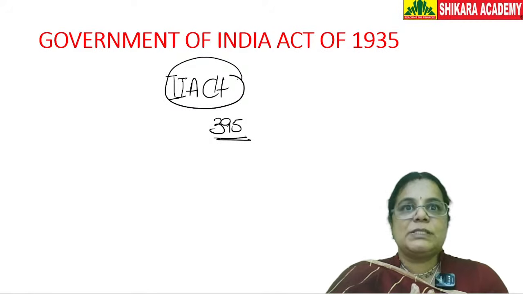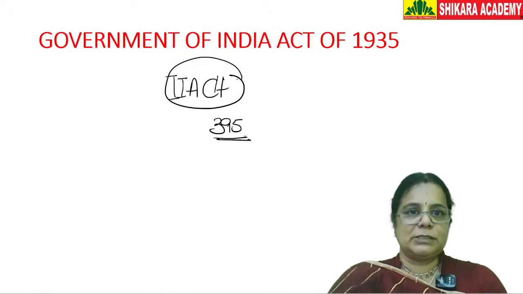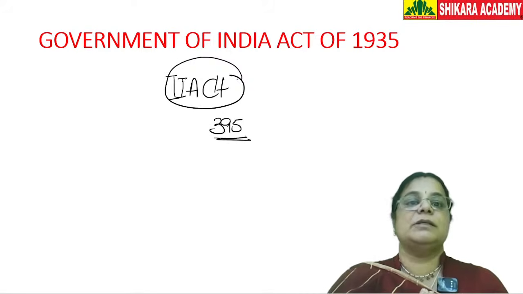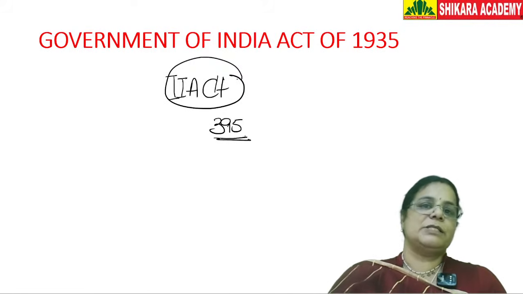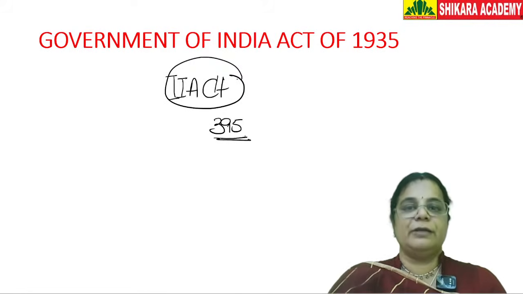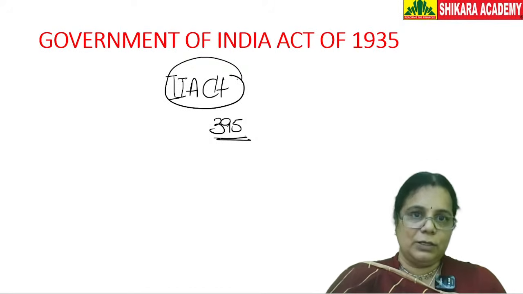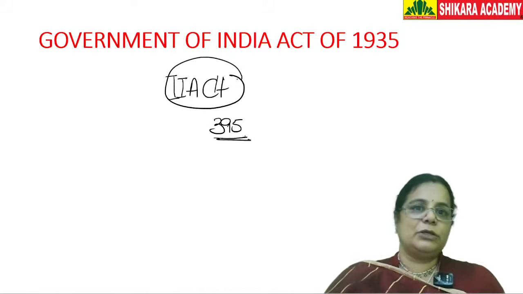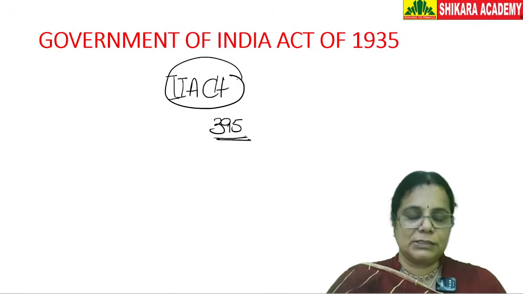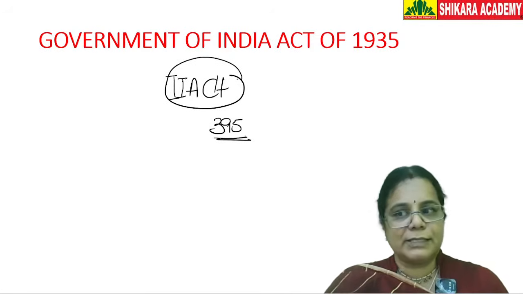And the most important reason for the success of the constitution is the way it was framed. So due credit must be given to the Constituent Assembly for framing such a successful constitution. The foundation was solid. So what did they do? How did they ensure that the Constitution of India is successful? These things I'm going to discuss in the next session.